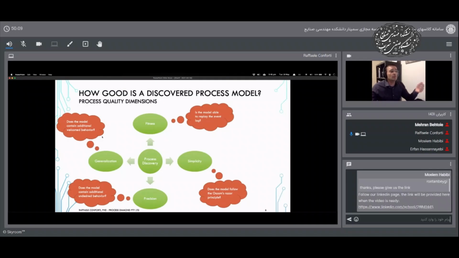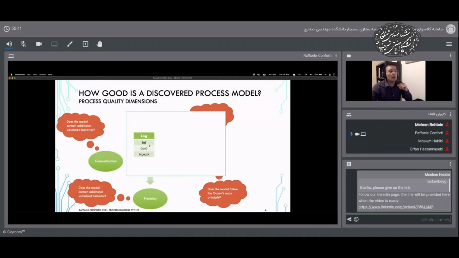So for example, in my log, I see that I can perform the activity A. Sometimes I can do activity A 2 times. I can do activity A 3 times. Then a model that allows for generalization will assume that theoretically, it's not unusual to assume that you can perform A 4 times or 5 and so on. So in this case, we are modeling A in a loop.